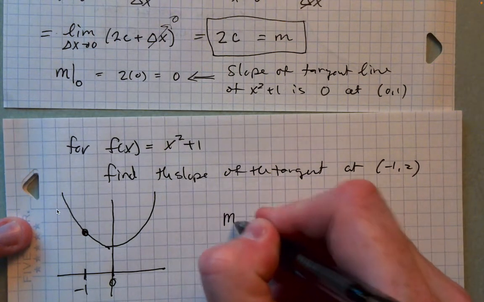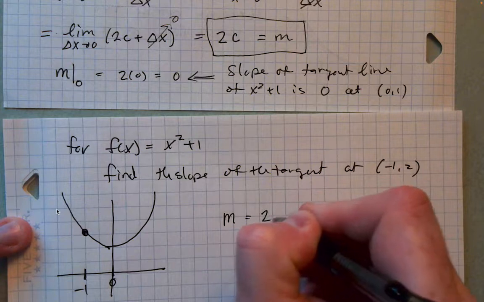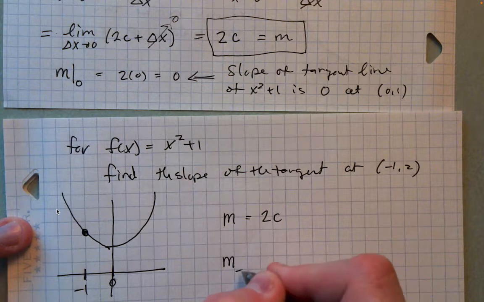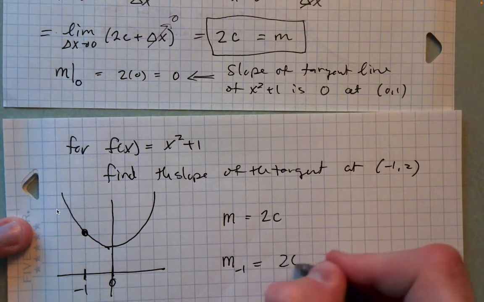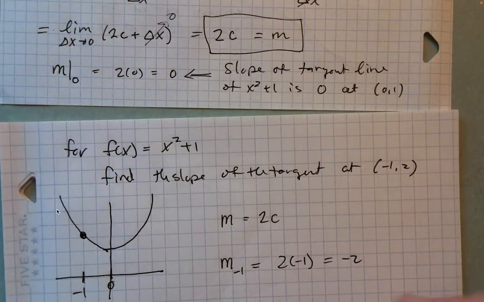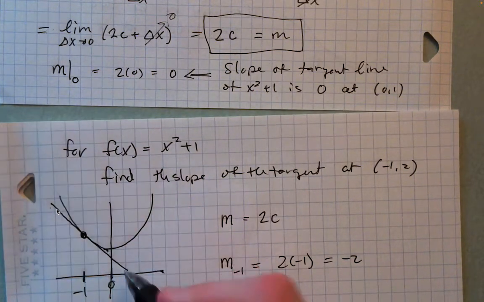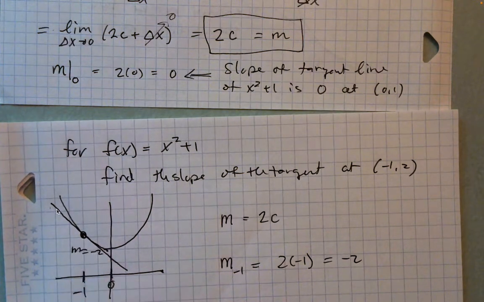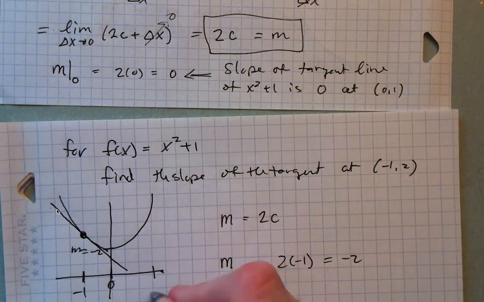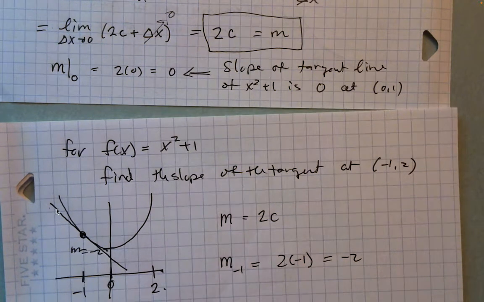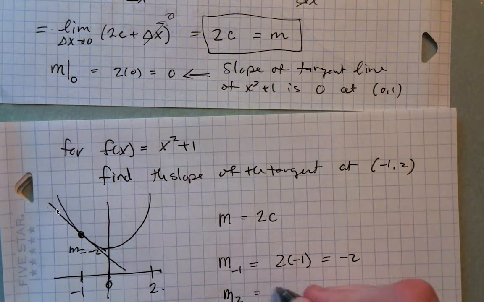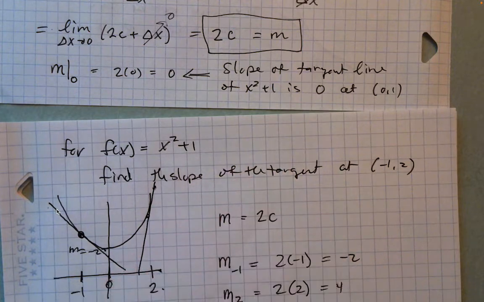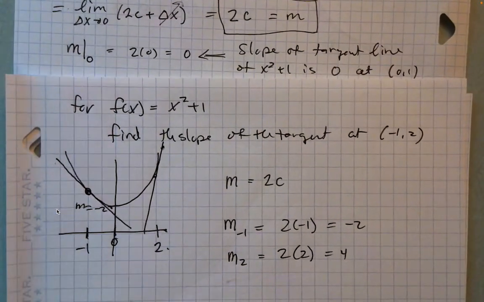Well, we know that the slope is equal to 2c, so all you need to do is plug in your c here. The slope at -1 would be 2 times -1, which is -2 in this case. So this slope here is -2. What about at +2? Well, the slope at +2 is going to be 2 times 2, which is 4. So here the slope of the tangent line is 4. Nice, right?